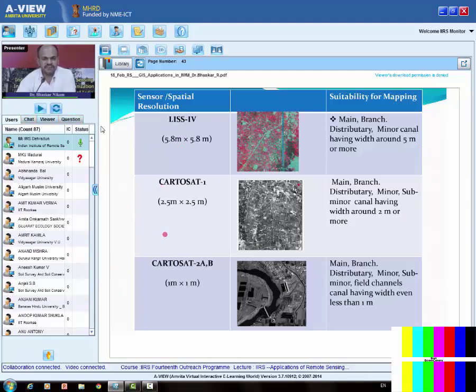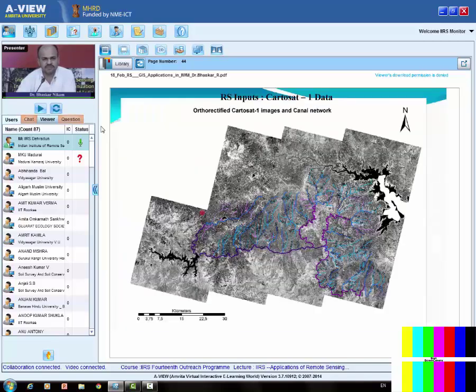Then if I am interested in mapping the command, mapping the infrastructure down to the sub-minor level, which may be 1 meter or 2 meters wide, I will go for the Cartosat series. Cartosat 1, if I know the width is within the range of 1 or 2 meters. And Cartosat 2, if I know my sub-minor is in the sub-meter range, then I will go for Cartosat 2 series data.